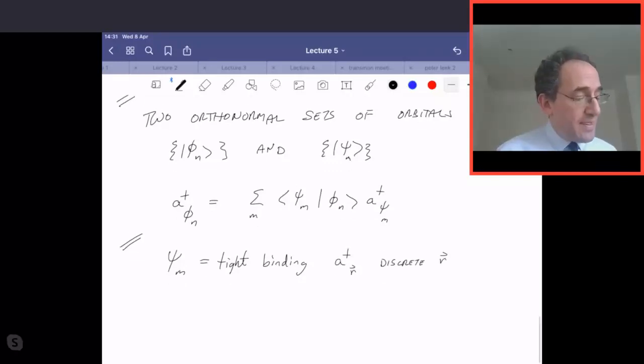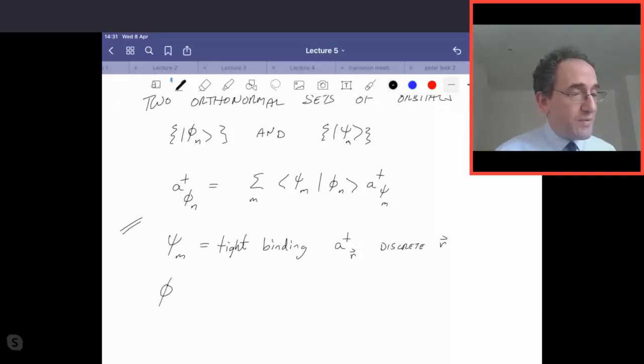And then the other nice set of orbitals that I want, psi n, is plane waves. These can be e to the i k dot r, divided by the square root of the number of sites in the system.